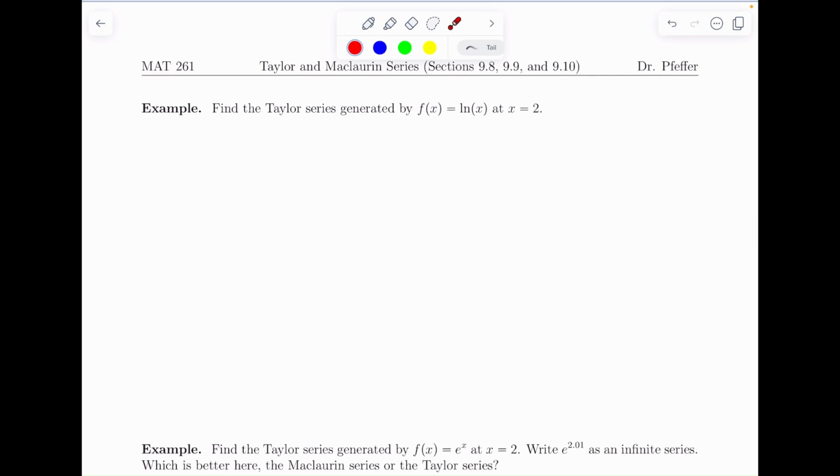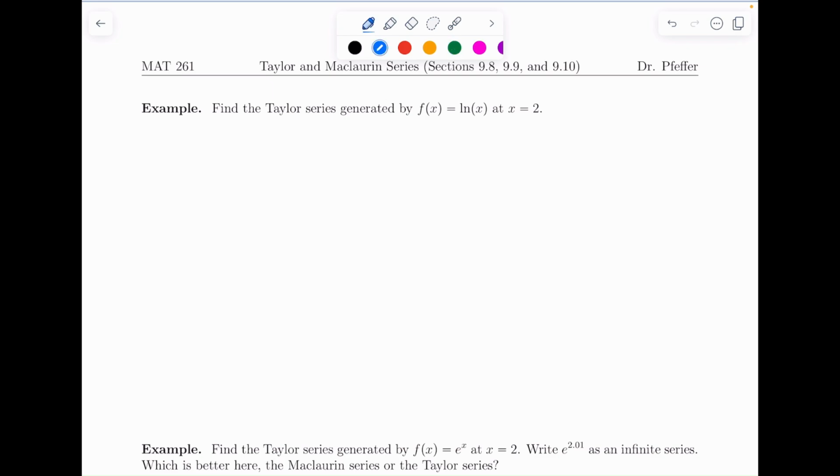You could build a Taylor table, or you can do algebraic shenanigans in the vein of what we did in section 9.7. In this case, actually there's a third way to do this. You could look at 1 over x and integrate it. So there's 3 ways to do this. Let's do, say, algebraic shenanigans for this one.